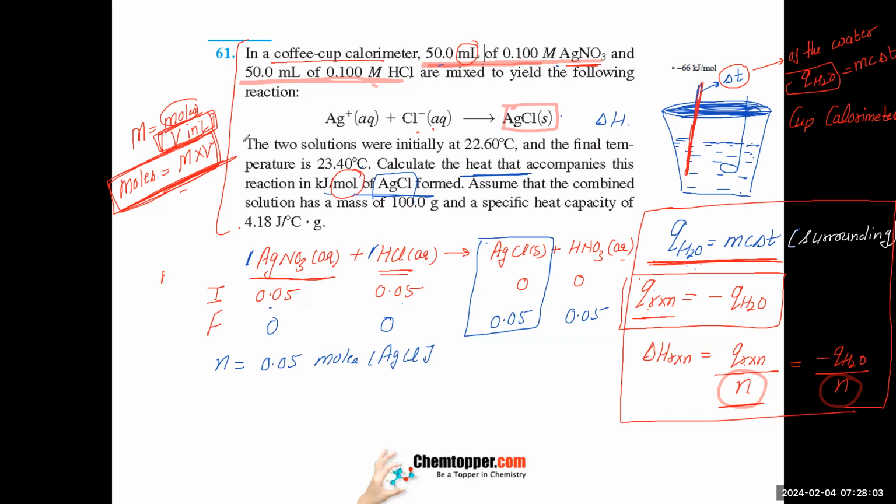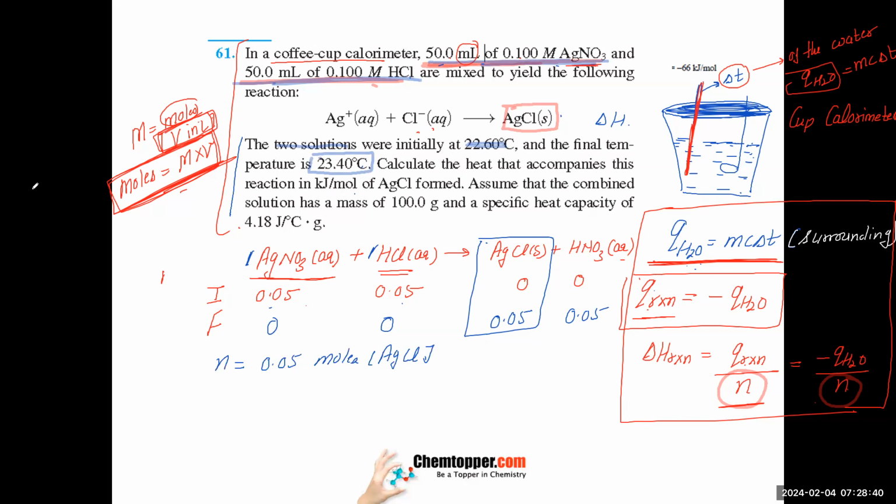Now let's start reading further. Now let's take out another piece of information. Two solutions, initially both at the same temperature, not at different temperatures, are mixed. 50 ml of AgNO3 is mixed with 50 ml of HCl, and there is a change in temperature.